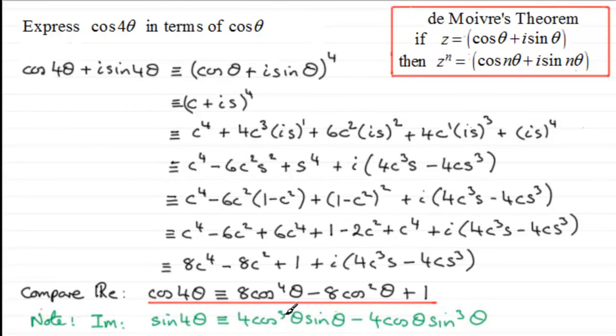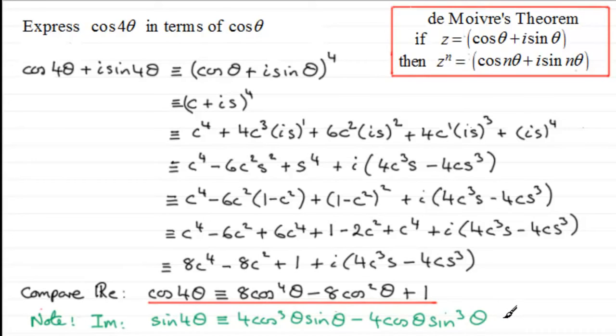If we'd had, say, cos to the power 4 theta, we could have thought of that as cos squared theta all squared. In other words, 1 minus sine squared theta all squared, and then gone on to expand the bracket. But as you can see, it kind of stops here. So we've got sine 4 theta expressed in terms of cosines and sine thetas.